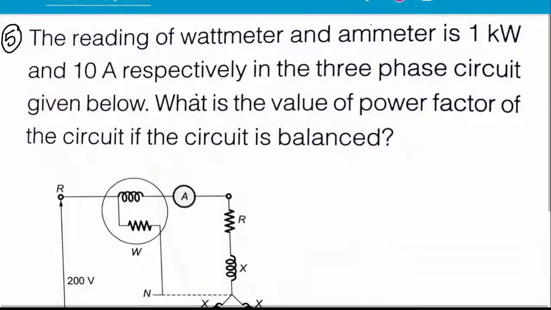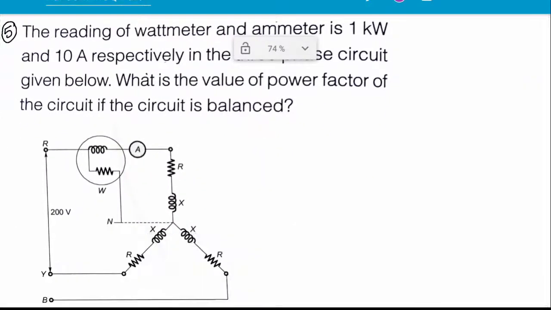Next question: the reading of the wattmeter and ammeter is 1 kilowatt and 10 ampere respectively in the three-phase circuit given below. What is the value of the power factor of the circuit if the circuit is balanced?